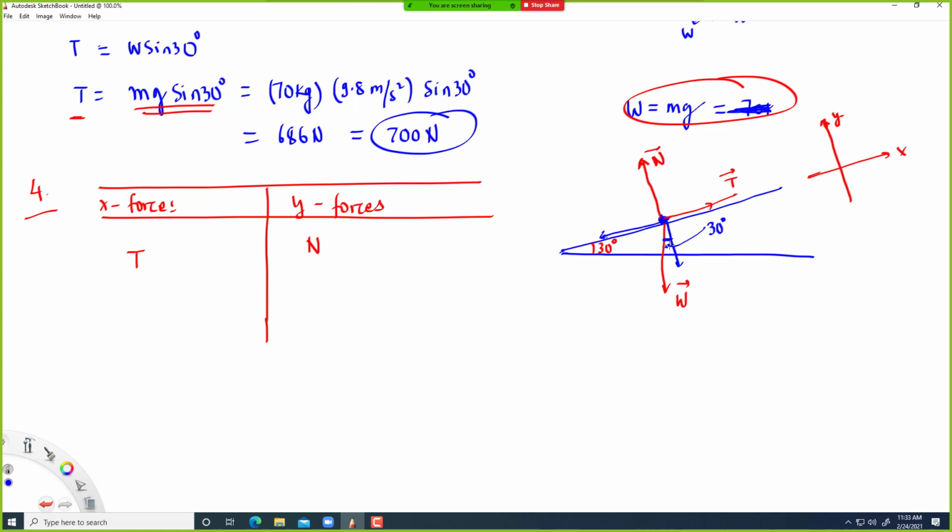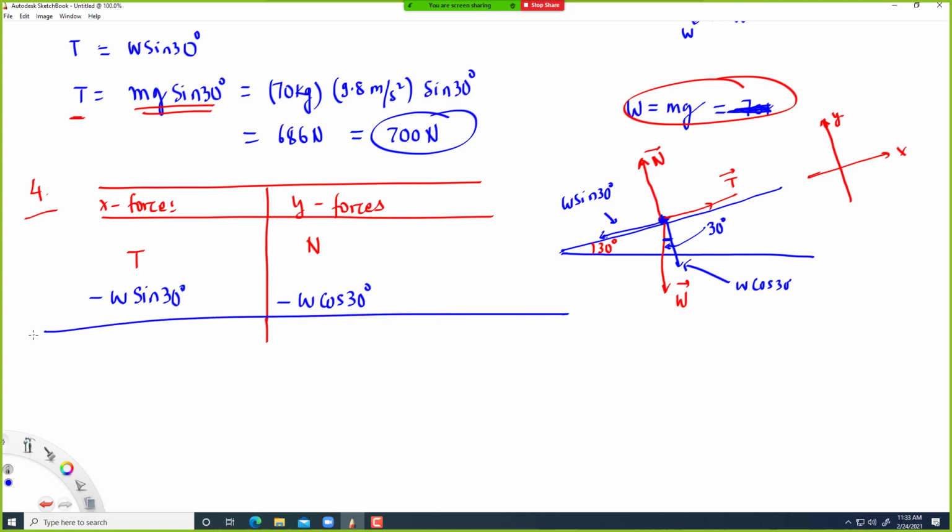So if that's 30 degrees, then this component would be W sin 30 degrees, and this component would be W cos 30 degrees. So the x component of W is negative W sin 30 degrees, and the y component of W is W cosine 30 degrees. Minus for down, and minus for to the left.